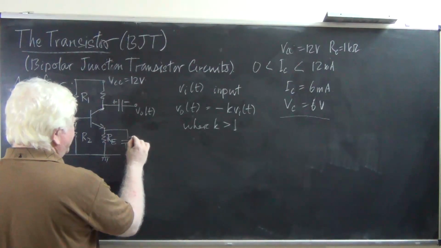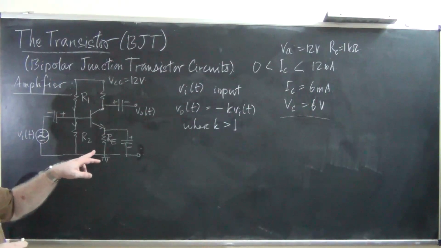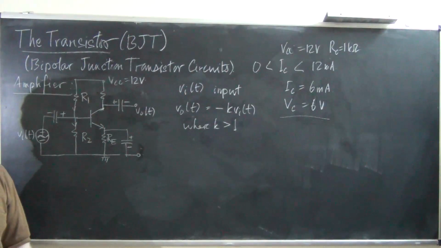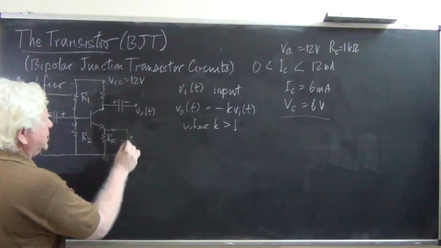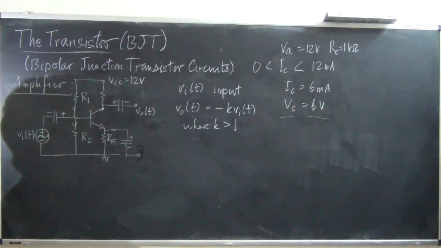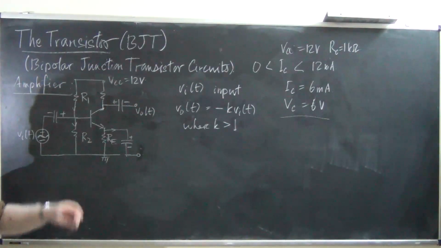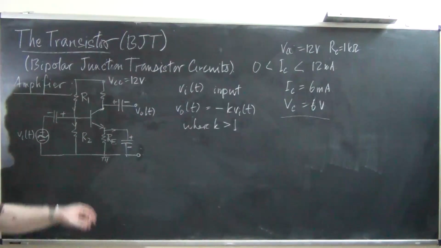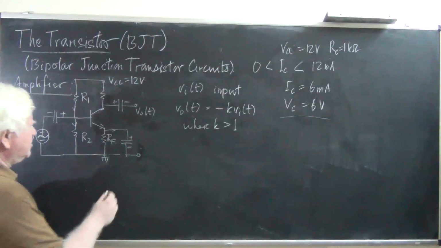This capacitor will allow the AC signal to completely ignore the presence of RE, because it will act as a much lower impedance pathway for the AC signal, though it will completely block the DC signal. This will give us the best of both worlds. It will give us excellent amplification, as good as if RE were not present, and at the same time give us stable behavior of the transistor circuit, which would happen only if RE is present. So this is the final refined circuit model for the common emitter transistor amplifier.